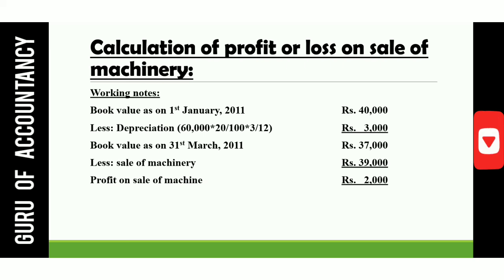So we are getting 2,000 rupees profit. So your journal entry for this would be cash or bank account debit 39,000, to machinery account 37,000, and to profit and loss account 2,000. 2,000 is profit that will be credited to profit and loss account.